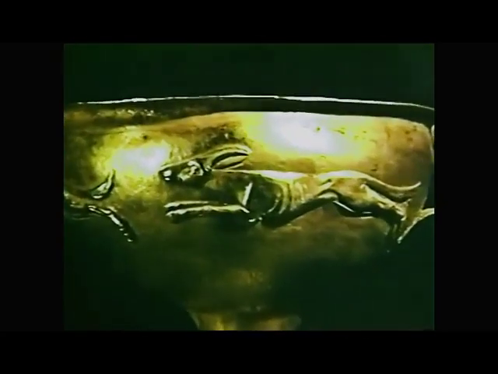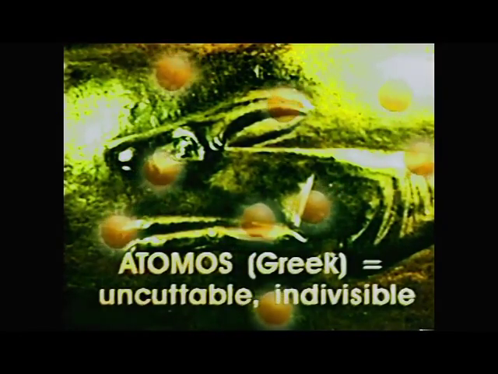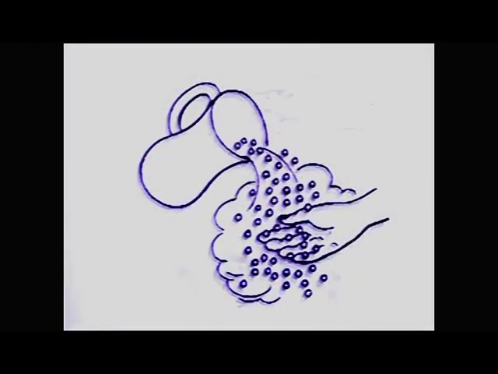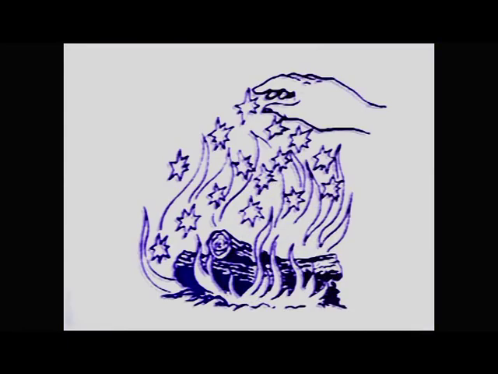They believed that one could take a specimen of matter and keep on subdividing it until it could no longer be further subdivided. That smallest piece of indivisible matter was called the atom. For Democritus, atoms of water were smooth. Atoms of fire had sharp edges.